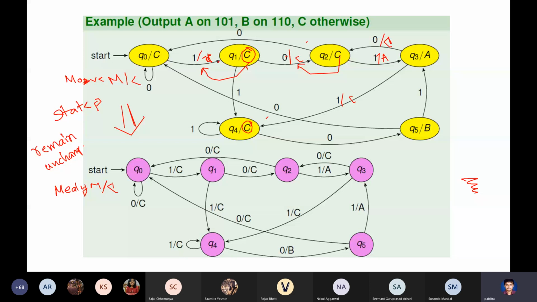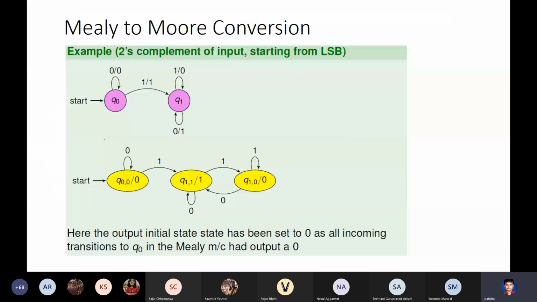But when you are converting a Mealy machine to a Moore machine, you have to increase the number of states. Let's see how we go about that.